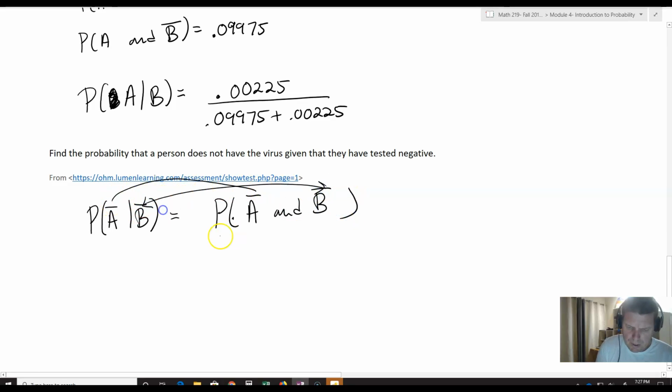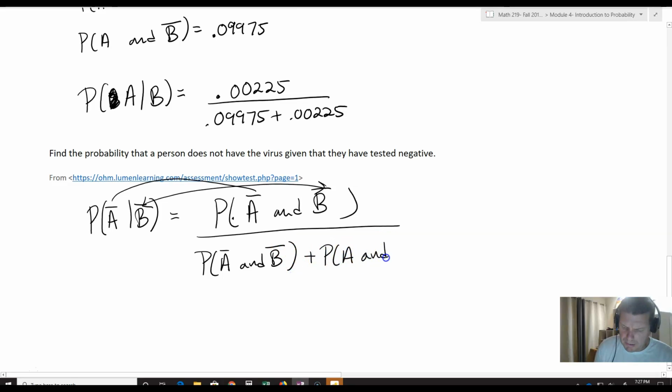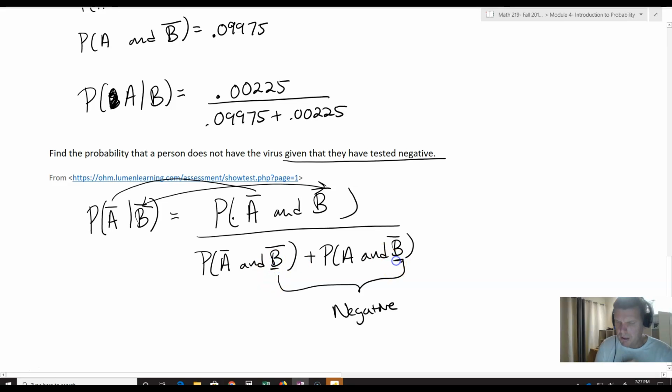Then we'll divide that by the probability of A complement and B complement plus the probability of A and B complement. Notice that these are both negative, right? That's the given, given they've tested negative, so those are the ones where we've got to match up the event. And then you just plug in the numbers for those, plug them into your calculator and solve.